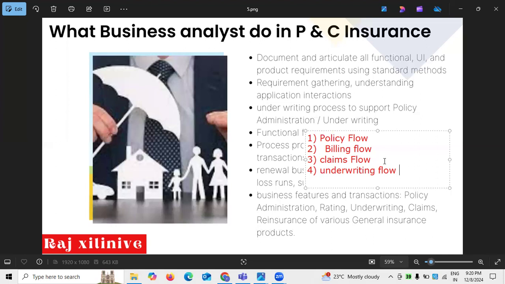Commission will be paid based on the premium they have paid, etc. Under what conditions the commission structure will be calculated, not how to calculate, that sort of understanding is also required for a business analyst.